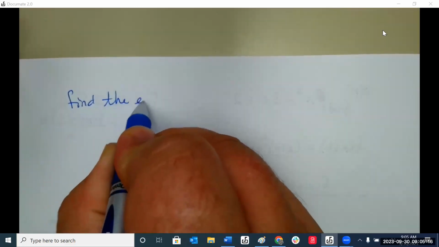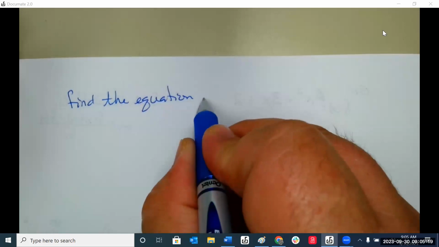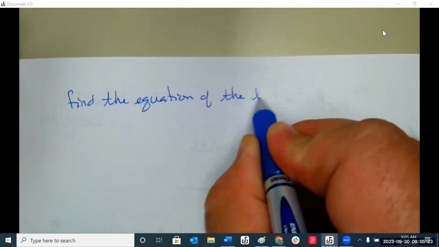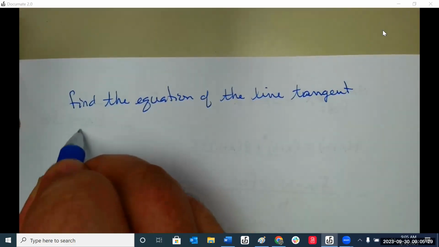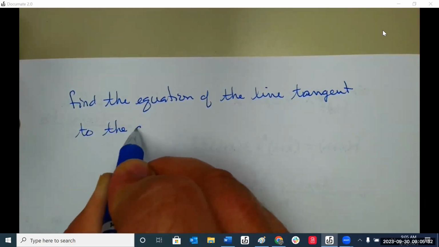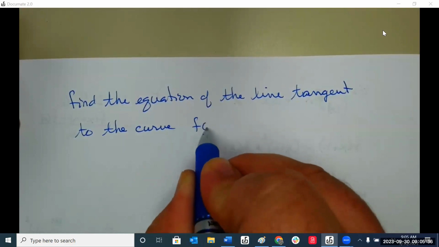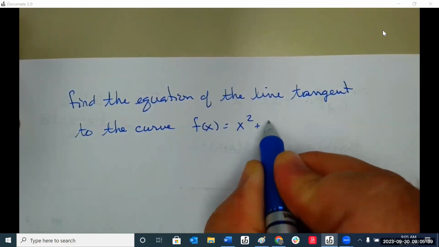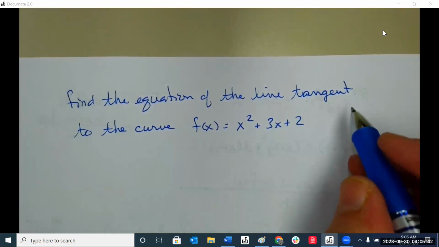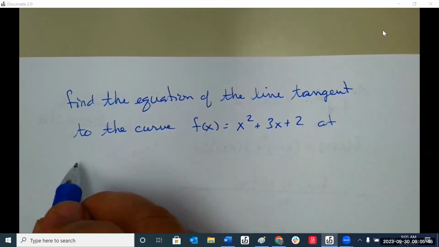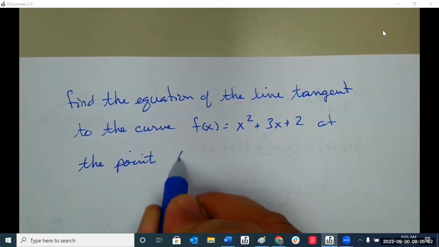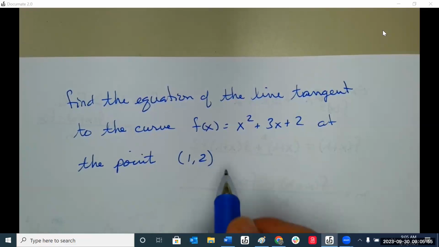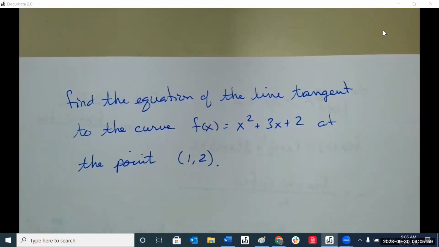Find the equation of the line tangent to the curve f of x equals x squared plus 3x plus 2 at the point (1, 2). That's the way it would have asked you the question.